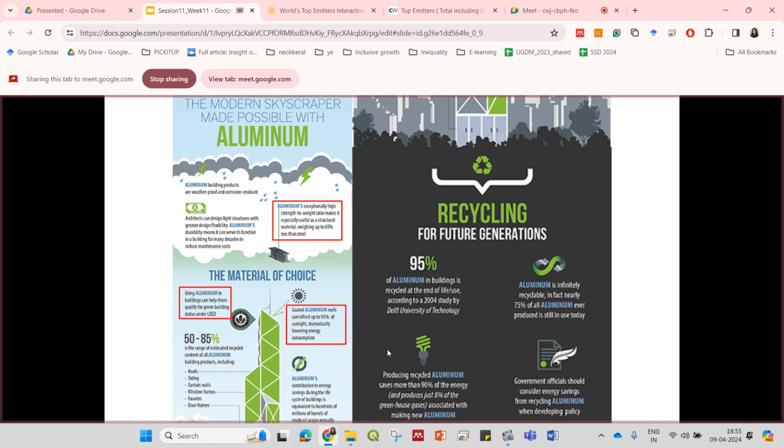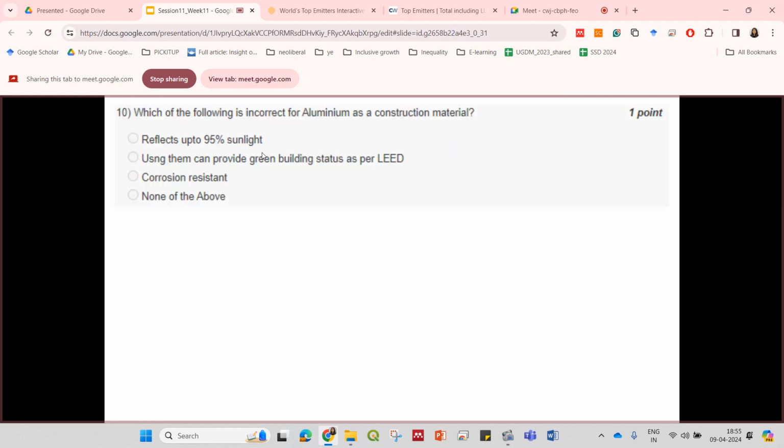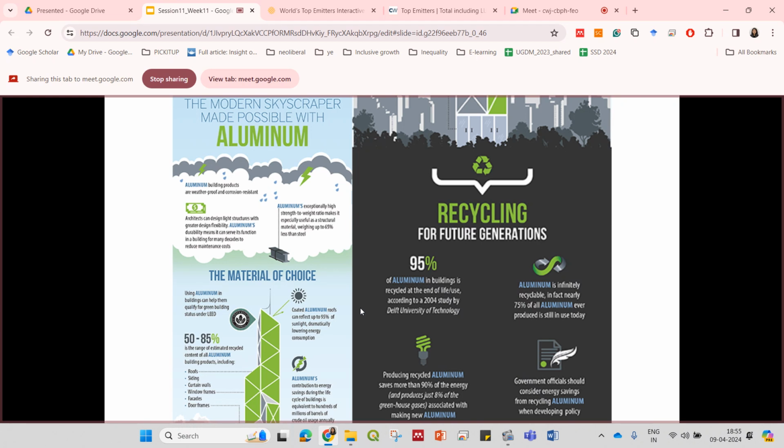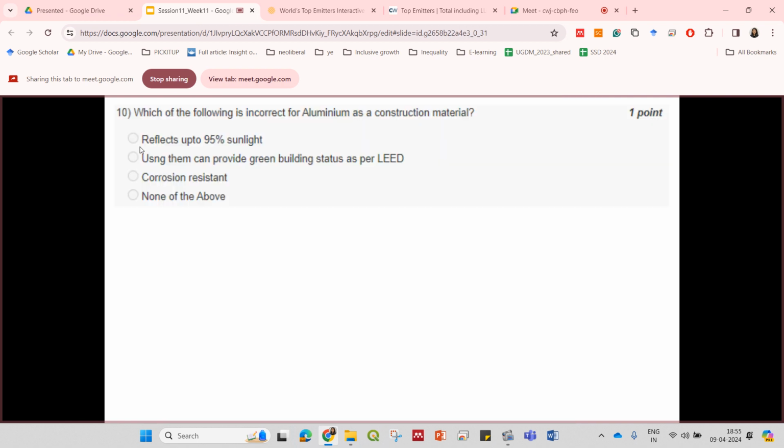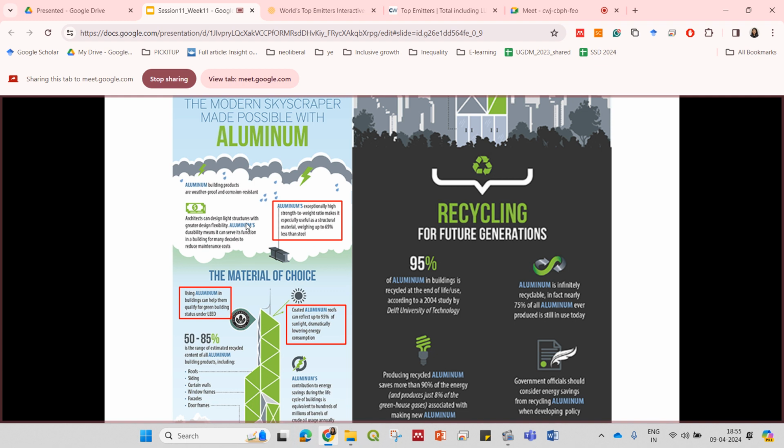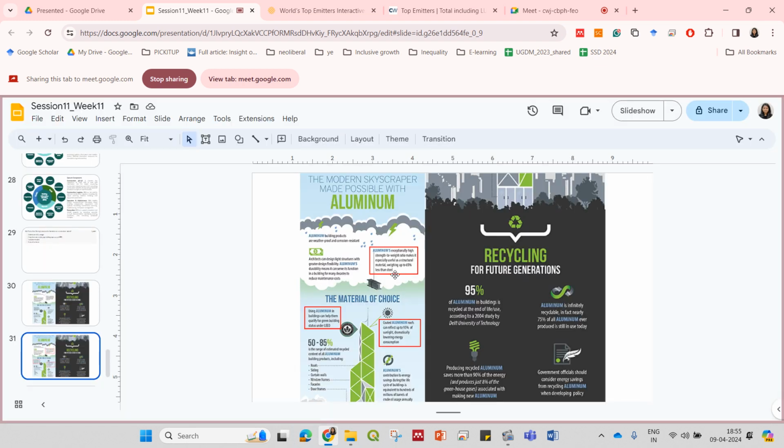And you can see here again the aspect that the question is talking about, that using them can provide green building status as per LEED. So that is true. Also, coated aluminum roofs can reflect up to 95% of the sunlight. Again, that is true. And for corrosion resistance, I think this will come here.